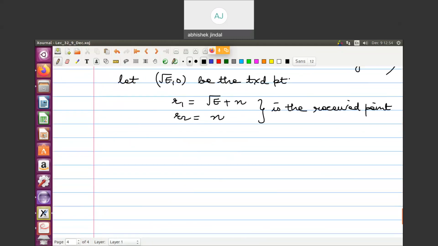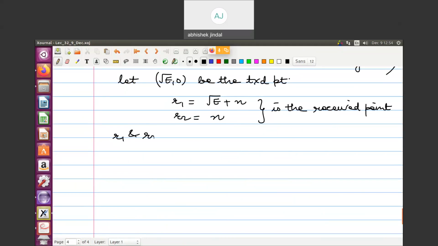Small n is a random variable with 0 mean and variance N naught by 2. Right now I'm writing a few things which I have proved in our earlier lectures, so I assume you will go back and read.